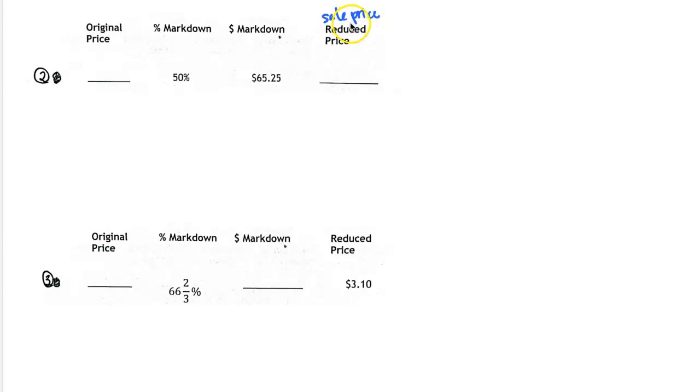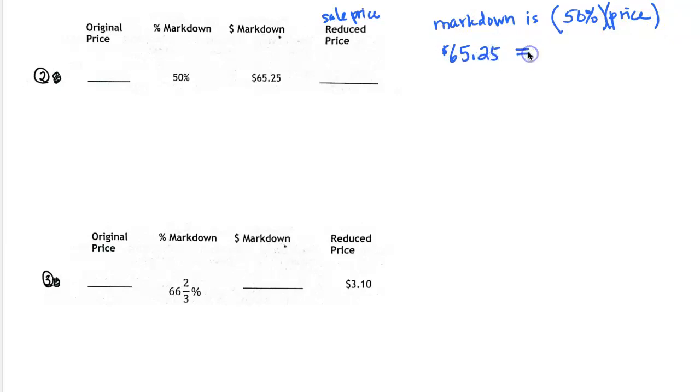I'm going to start with that equation that tells us that the markdown is 50% of the original price. And that of is our multiplication. So our markdown dollar amount is $65.25.